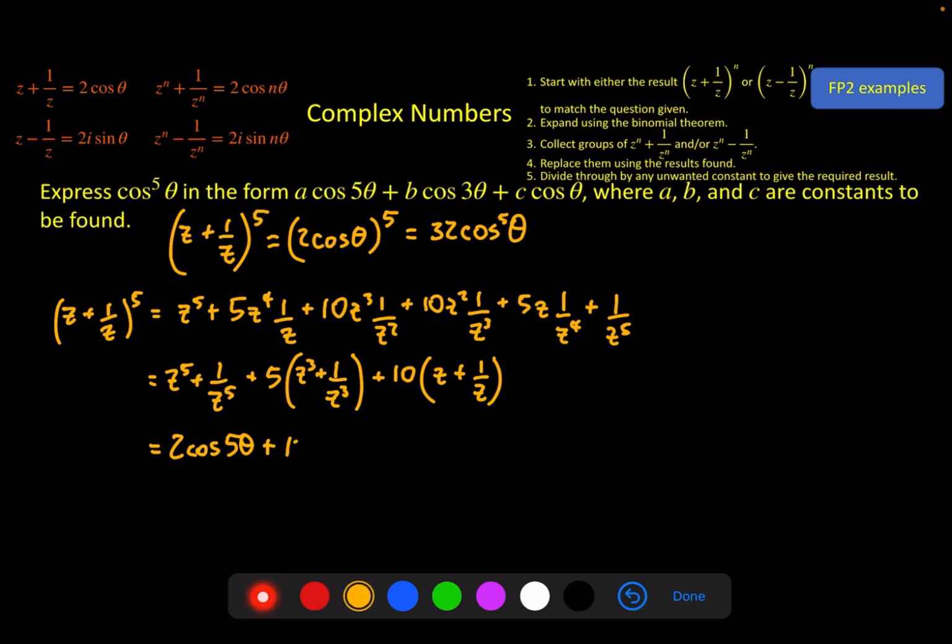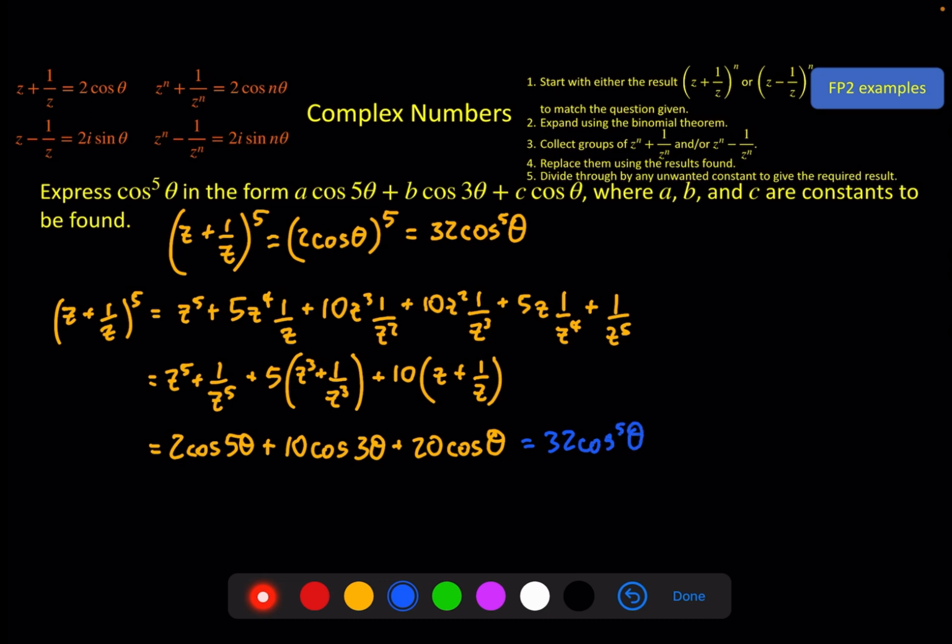So this is 10 cosine 3 theta, and this one is 2 cosine of theta with a 10 in front, so that's 20 cosine theta. And we know that this equals this, therefore I can now say this equals 32 cosine power 5 of theta.